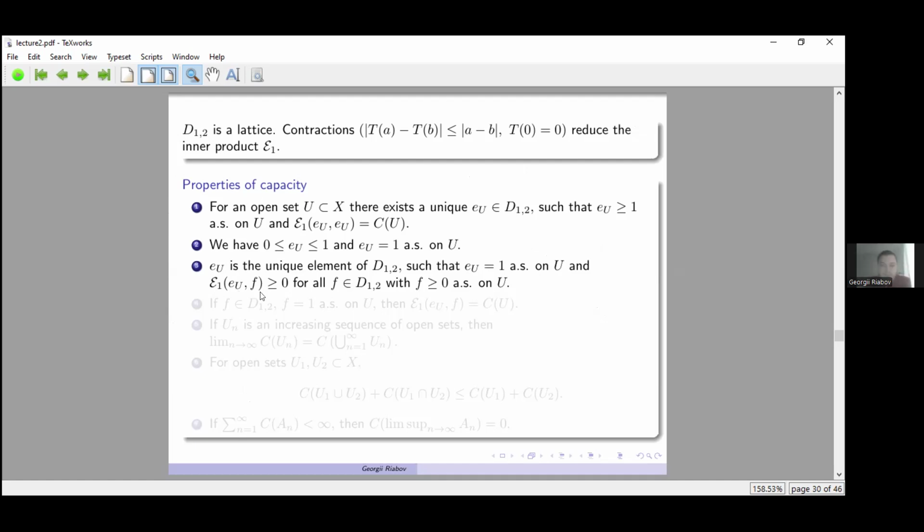It is a unique element of the space D, which is equal to 1 almost surely on U, and such that its E1 product with functions f that are greater or equal to 0 on U is also greater or equal to 0. Okay, so if we take the inner product of EU with the function f, which is equal to 1 on U, we will get the capacity of U.